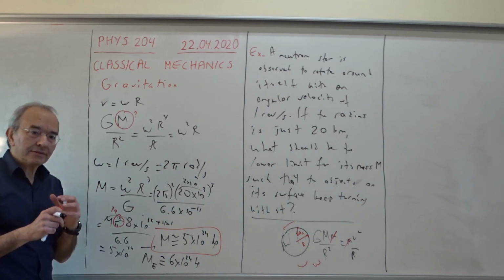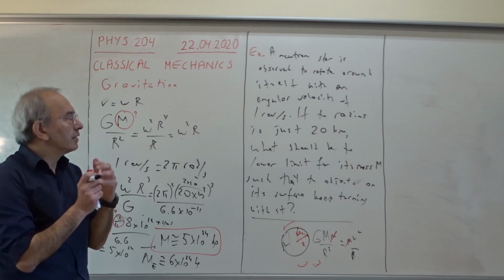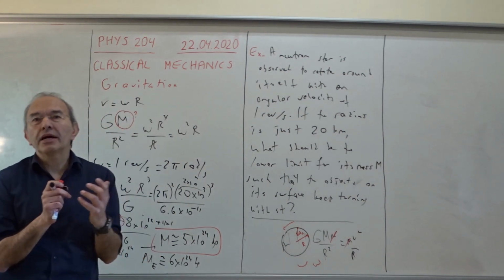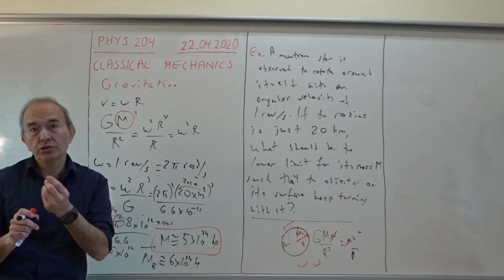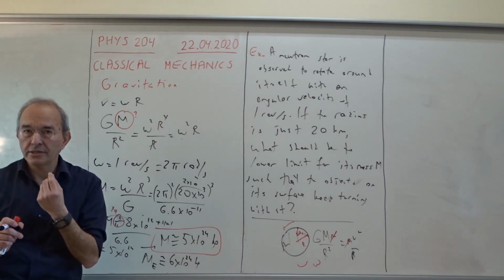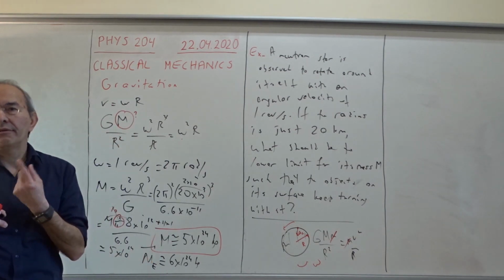In that case, that new sphere, which is very, very dense, has become a neutron star. And it rotates around its own axis at a rate of 1 revolution per second. A very high rate of revolution.